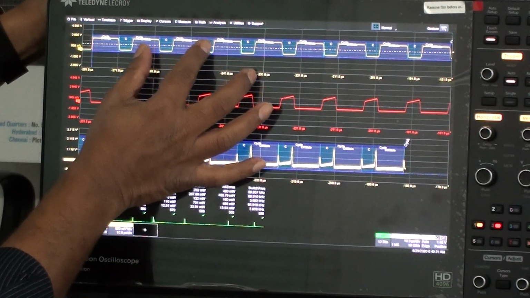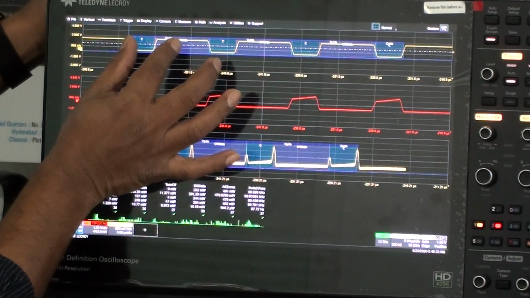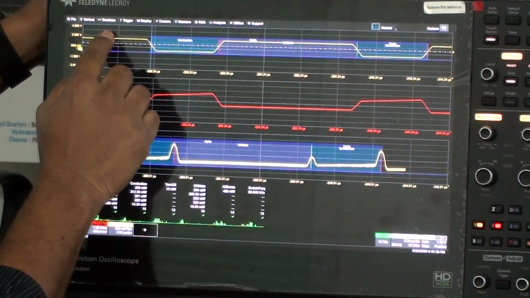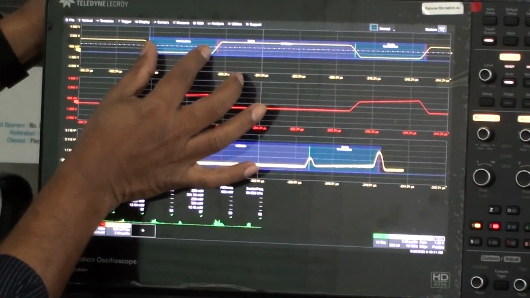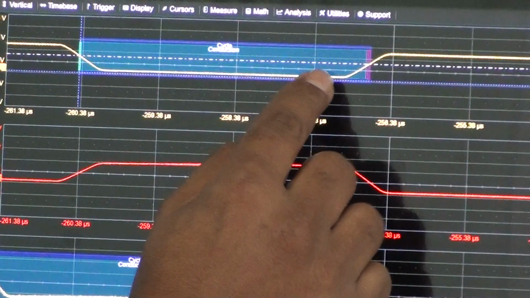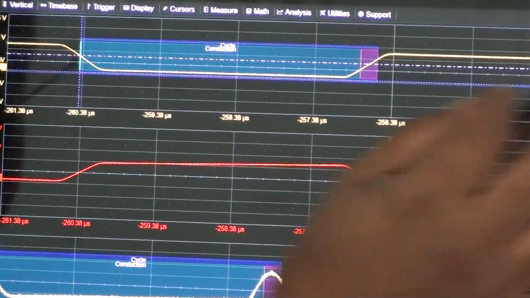So if you see here, I am going to take just one cycle into consideration. Let's say once it goes off, this is the conduction. We are looking into the loss. This is the cycle, this is the conduction, and okay, let me stop it.